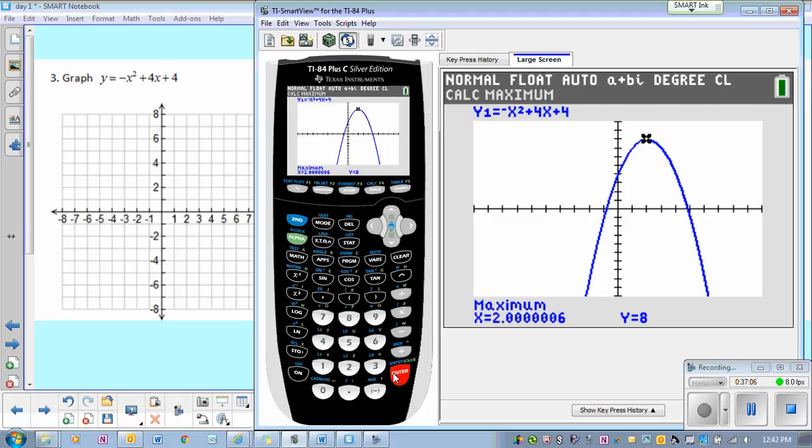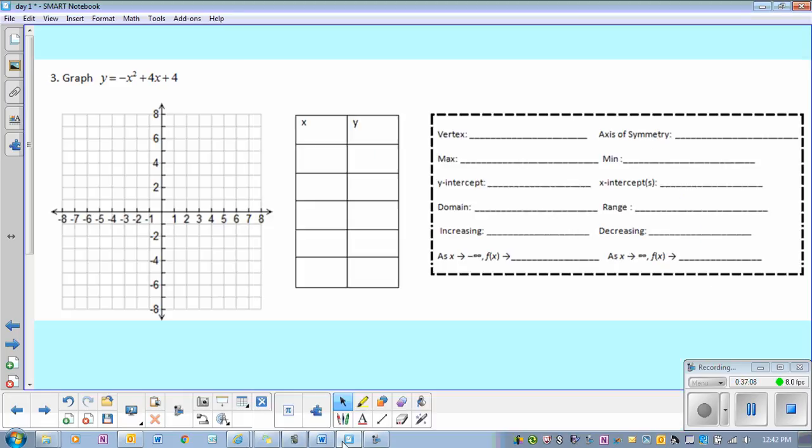Any questions? If you just go to graph and move the cursor around, you find it the same way. But that doesn't work if you get a fraction or a decimal. Don't just use the trace button, that doesn't always work.